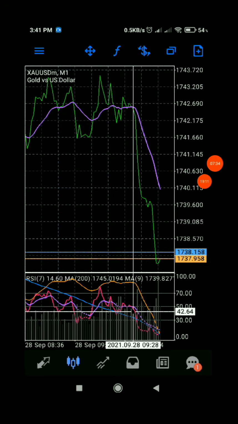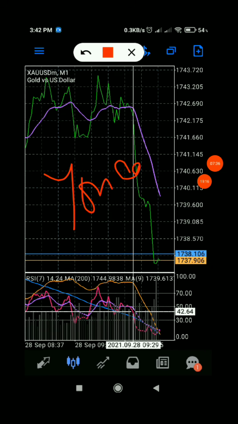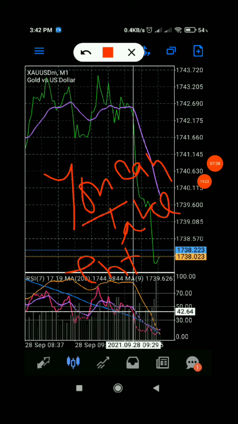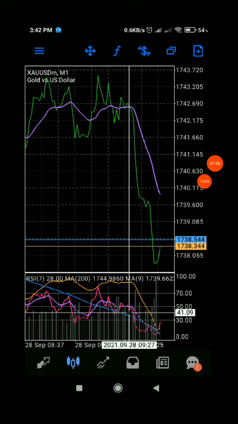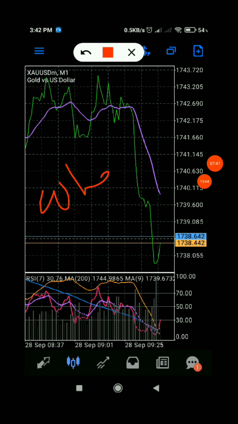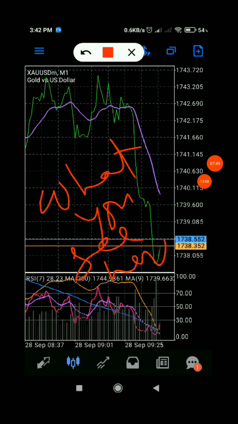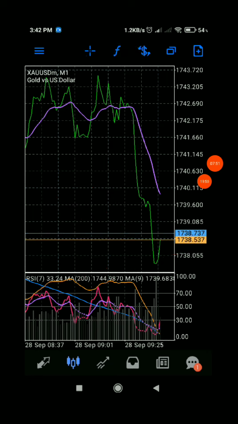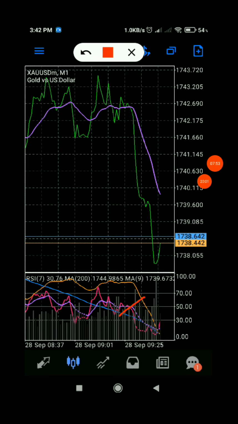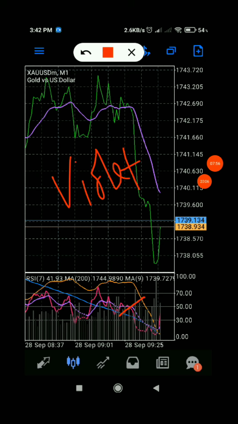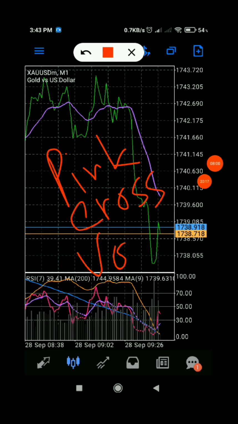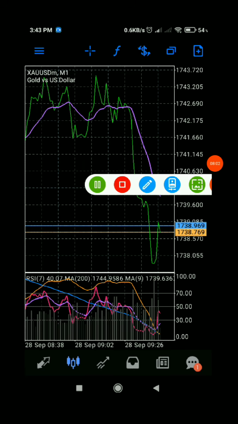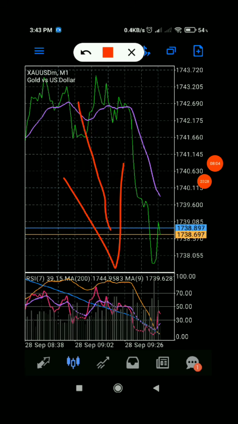Let's check the point where price is coming down. You can take entries from this position here. So why have we taken entries from here? Have a look. What do you see here? On the second window, pink crosses the violet, and that is the sign of entry.